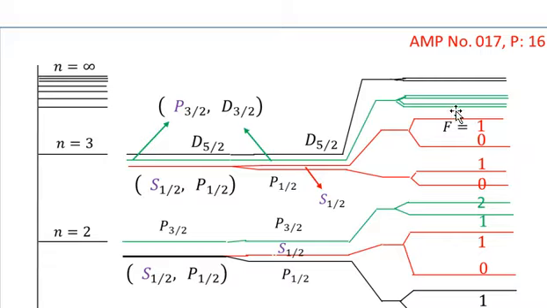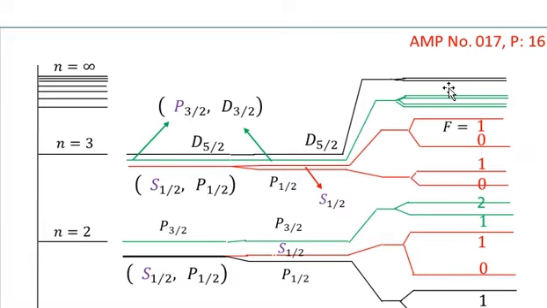The upper two are the P3/2 levels in the hyperfine structure, and the lower two in green are actually the D3/2 levels. D3/2 is also split into two levels, and the top green one is also split into two hyperfine structure levels. And then you have D5/2, which is again split into two hyperfine structure levels.